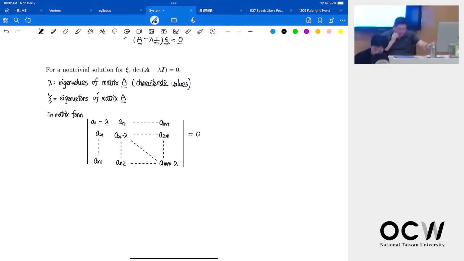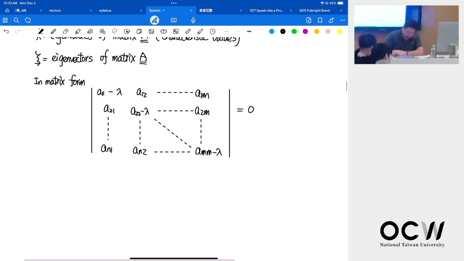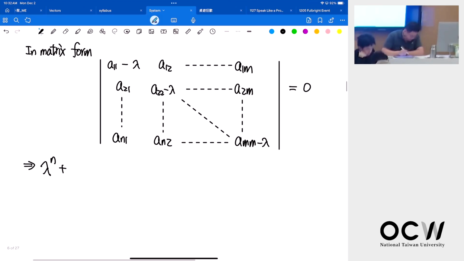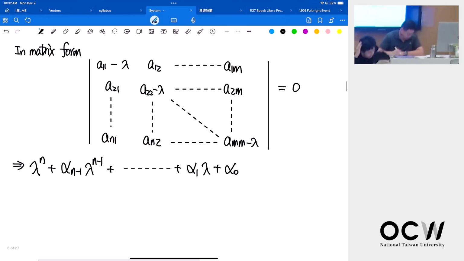To calculate this determinant using the decomposition, finally you will see that we have the nth power of lambda. Then you'll get lambda to the n plus a polynomial with coefficients, say alpha n minus 1 lambda to the n minus 1, down to alpha 1 lambda plus alpha 0 equals 0.